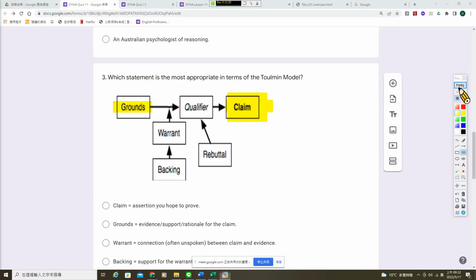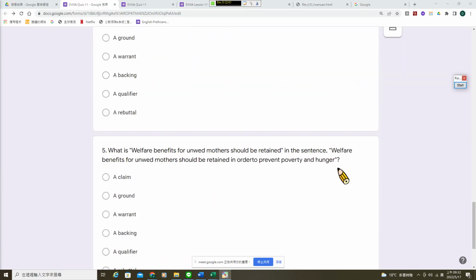So you see, every time we will use this model, and sometimes it's very simple, just with claim and ground, and sometimes just with claims. If the ground is so obvious, you don't have to say it. Okay, so basically these 6 components are useful for us to develop our argument. So let's move to number 5.